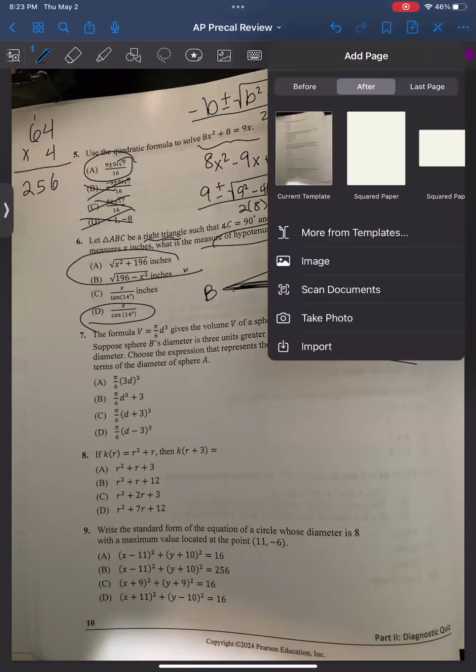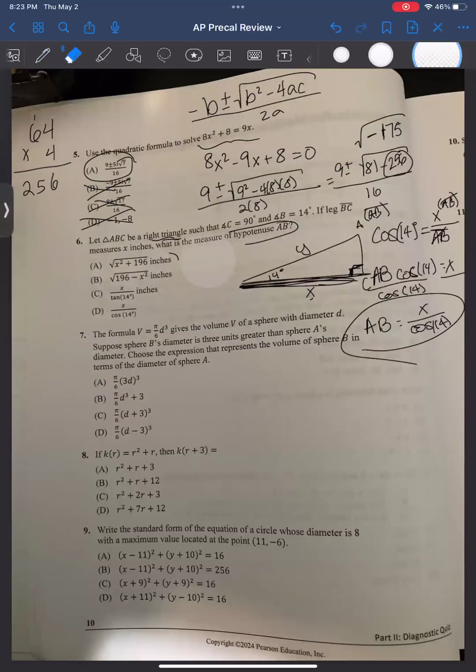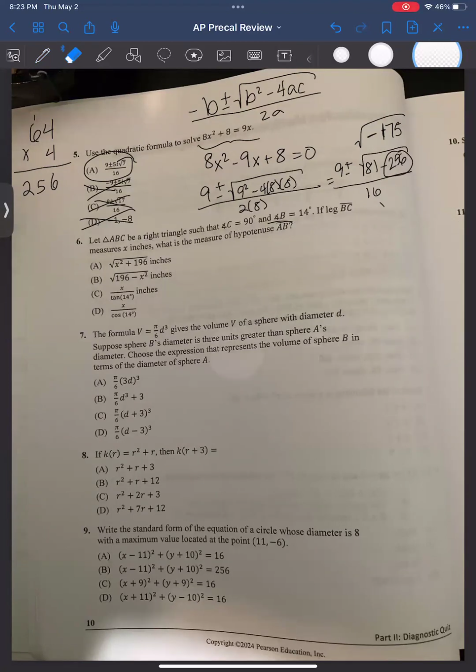Okay, so hold on. I'm going to insert a blank page, and then I'm going to steal this question. I'm going to erase all of this madness.